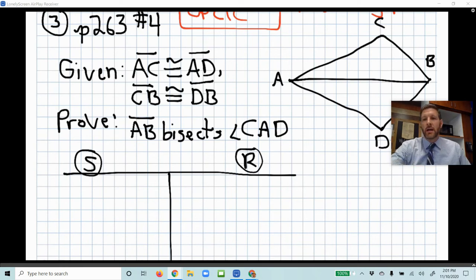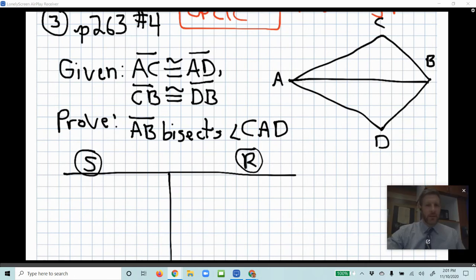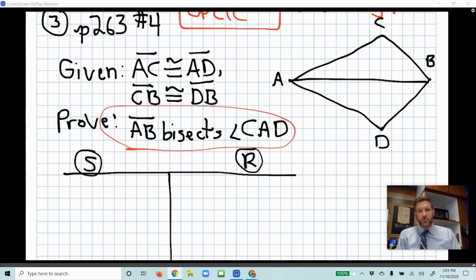Right there, you want to go, whoa, this is different than anything I've ever seen. The proof is not ABC is congruent to ABD. That would be a standard proof. This is unusual. As soon as you see that, you know at the end you're probably going to be using this.